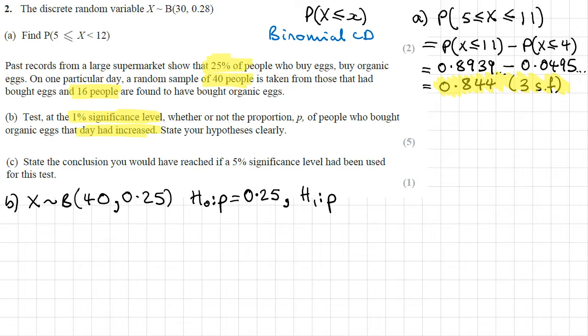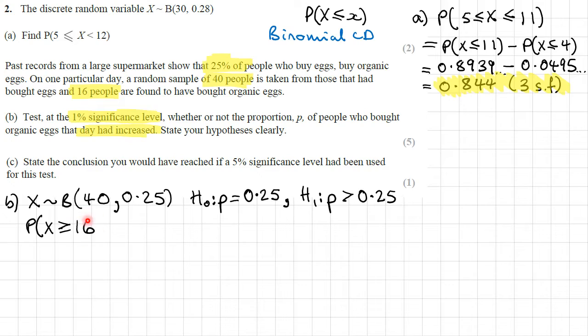So we're looking for, has the probability or the proportion of people buying organic eggs increased? Okay, so we've got a couple of marks there already. Next part is to do a calculation. So we want to calculate the probability, because it's an upper tail test, that the number of organic eggs bought is greater than or equal to 16.